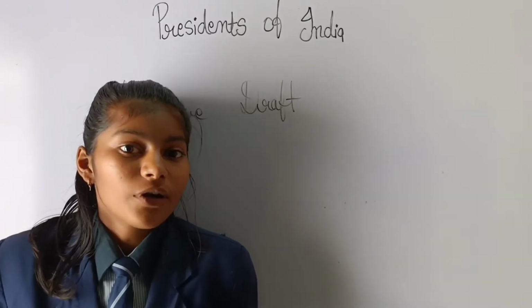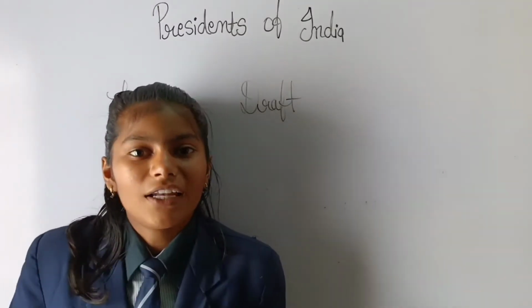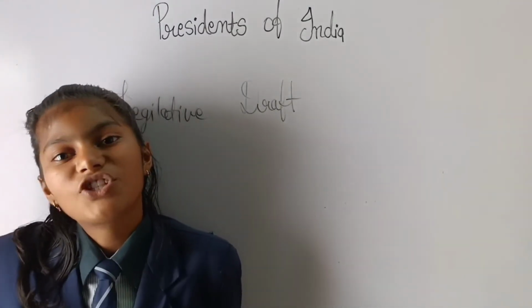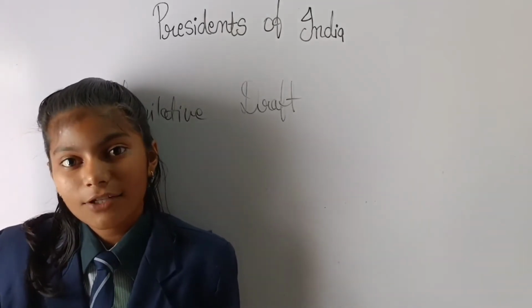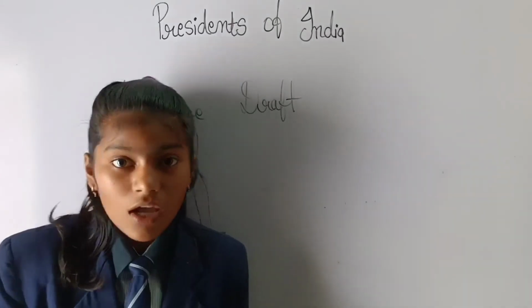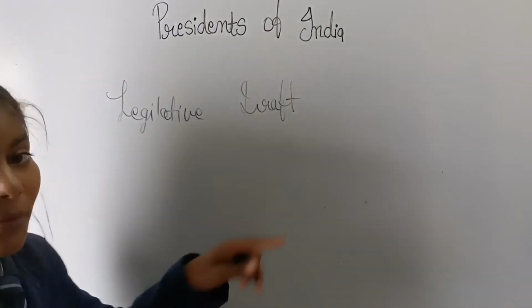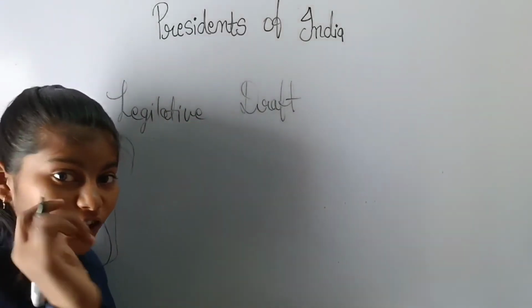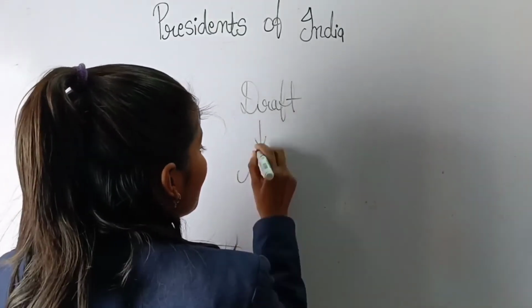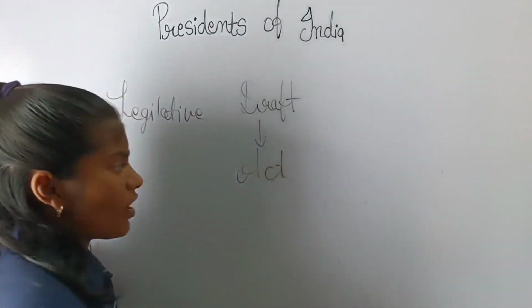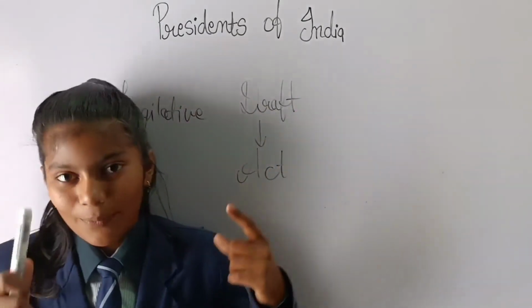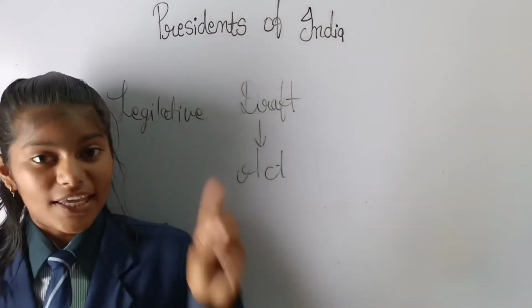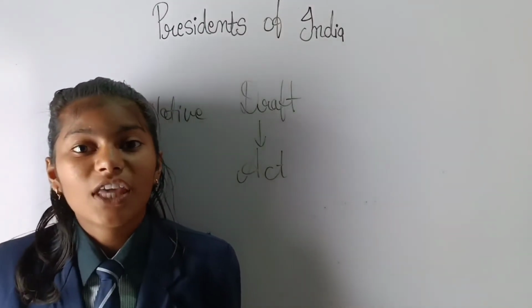After the draft is presented to the parliament, if both the houses say yes with a majority, it becomes an act. If that act goes to the President and the President also says yes, the act becomes a law.